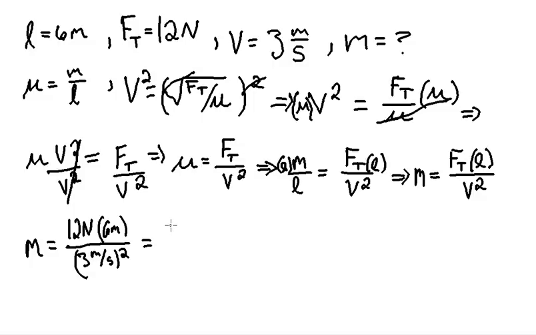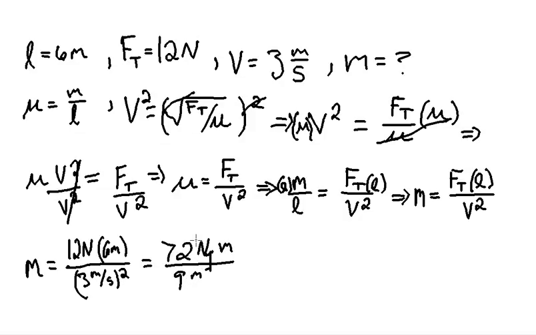So 12 times 6, let's see, that's 72 newton meters divided by 3 times 3 is 9, meters squared divided by seconds squared.